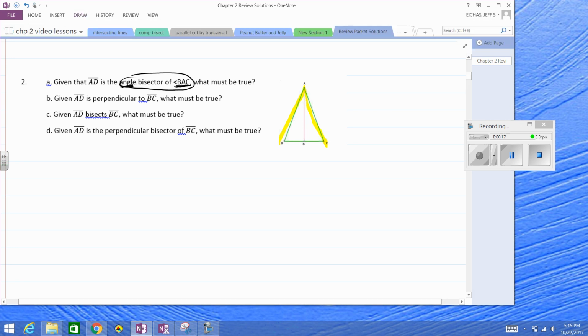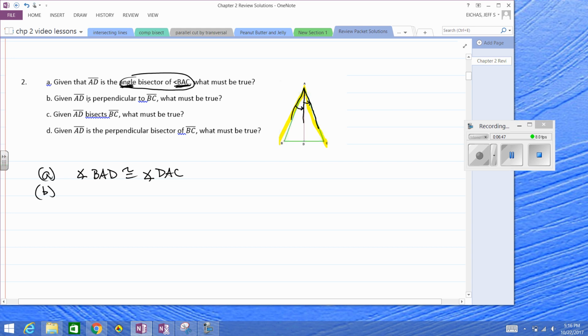So this angle right here, B to A to D, should be congruent to the other half, D to A to C. So what must be true? We know for sure that angle BAD must be congruent to angle DAC. And that's the definition of angle bisector. I won't write that because they didn't ask for it.